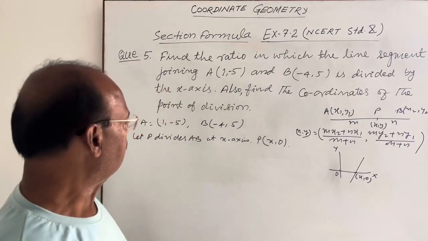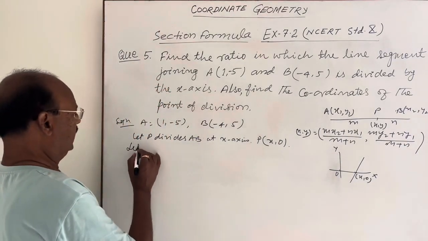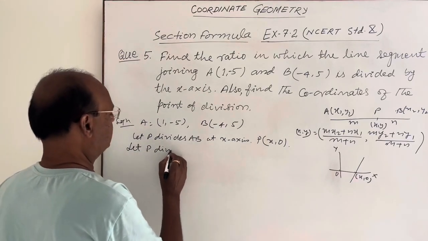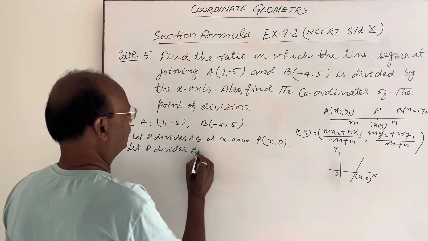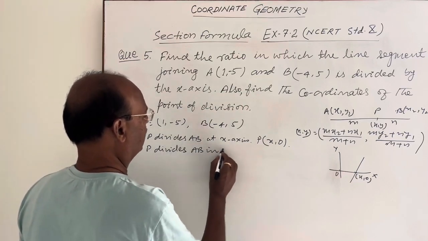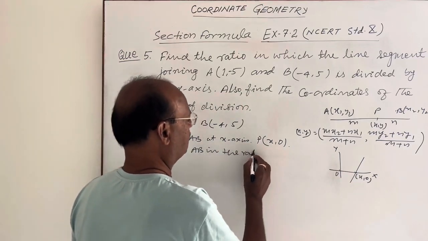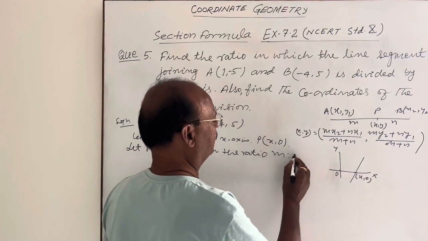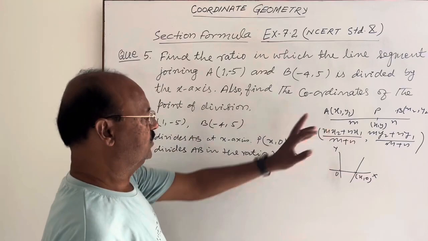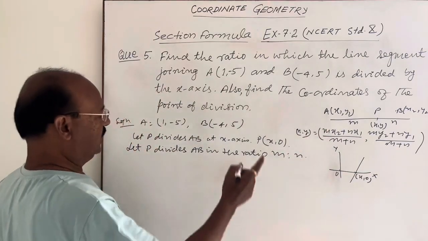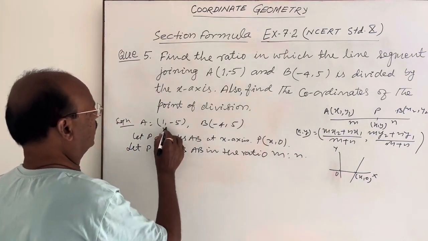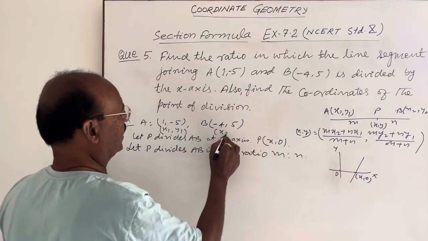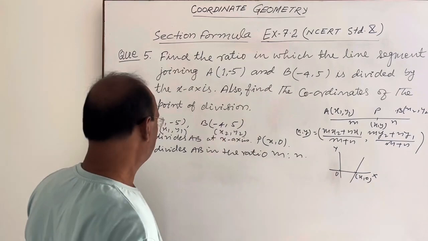So let the ratio be m:n. Let P divide the line segment AB in the ratio m:n. The ratio is always an internal ratio, internal division. Now we can use this formula here. For the sake of convenience, we are taking the first coordinates as (x1, y1) and the second as (x2, y2).